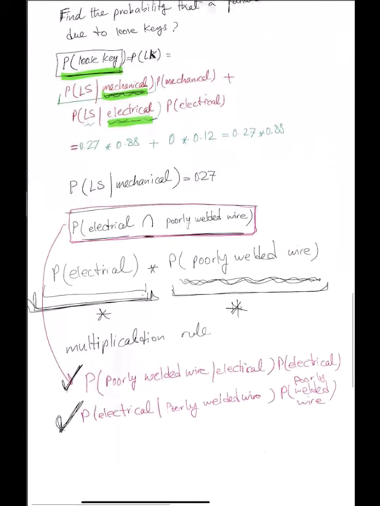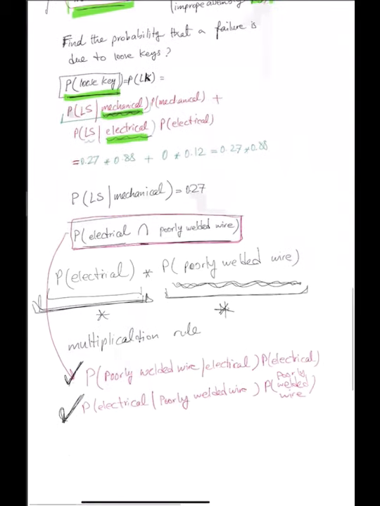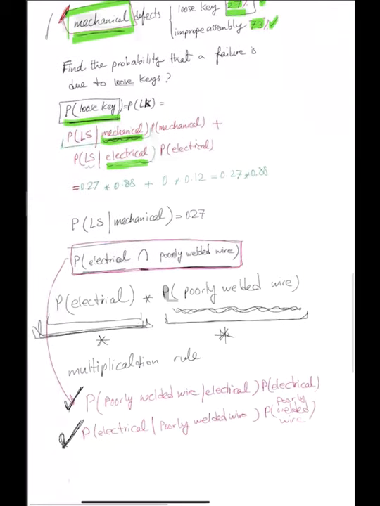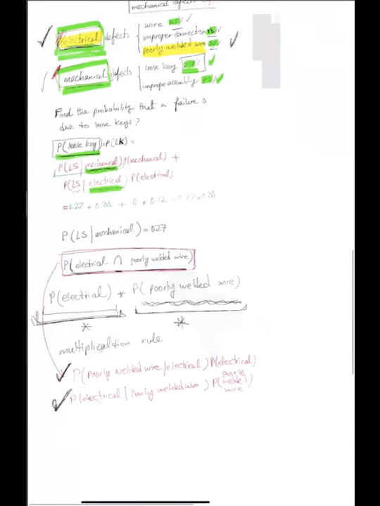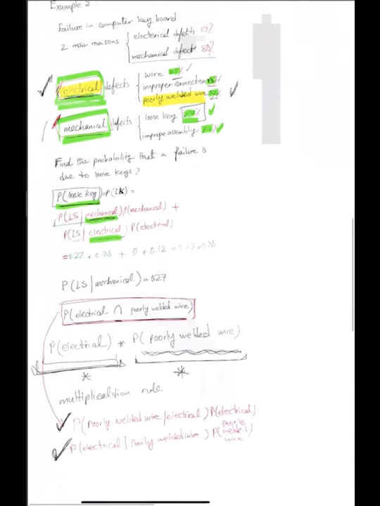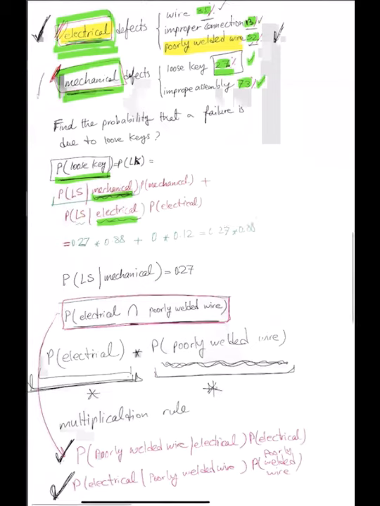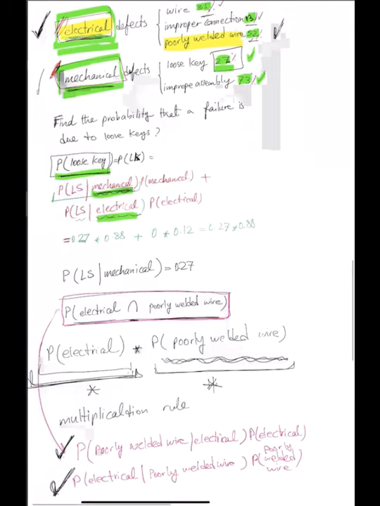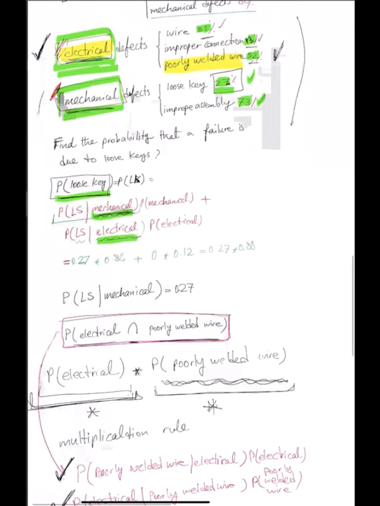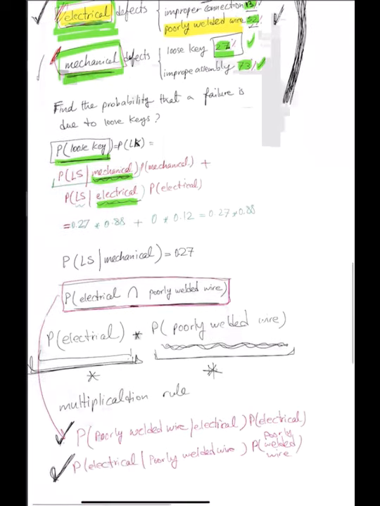Can you tell me which one and why? Given the fact that this is the problem statement, these are all the things that are given to you. Which one of these two can you pick in this problem?